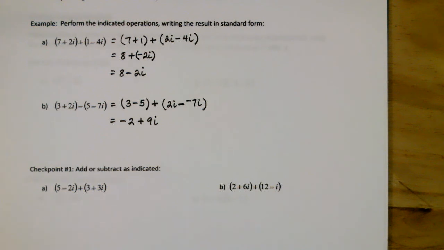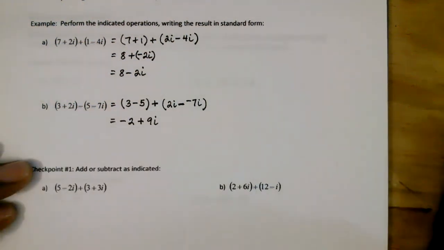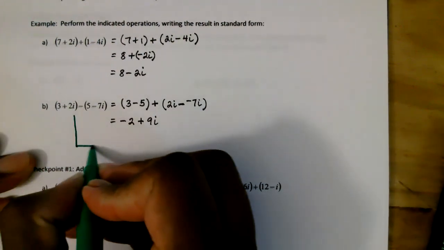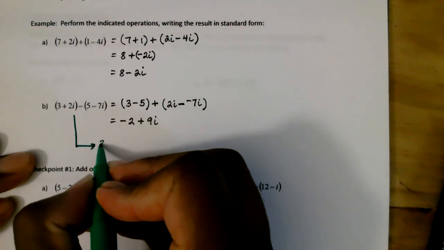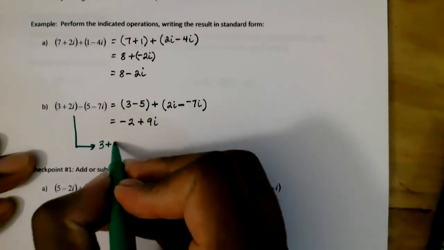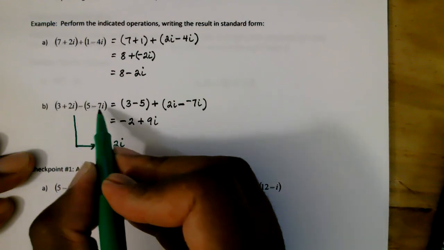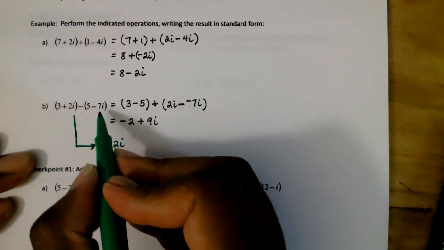Now, if you wanted to, I'm going to do this in another color, you could have done this. Bring down the 3 plus 2i without the parentheses, and for that minus sign, change the sign of each term in the parentheses to the opposite.